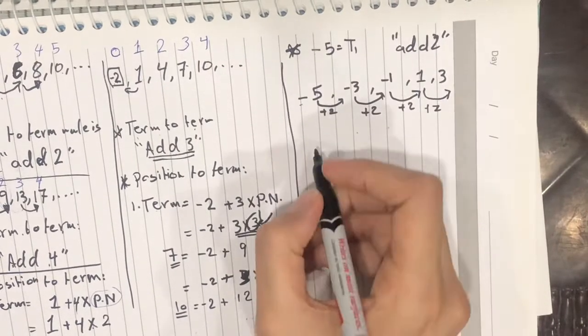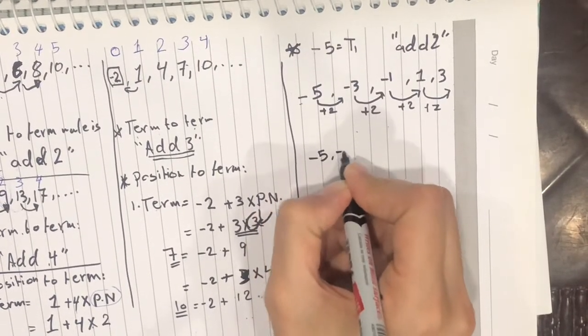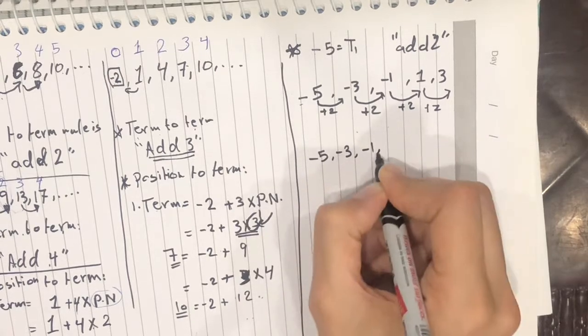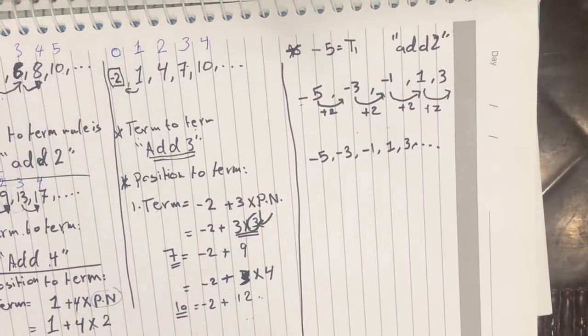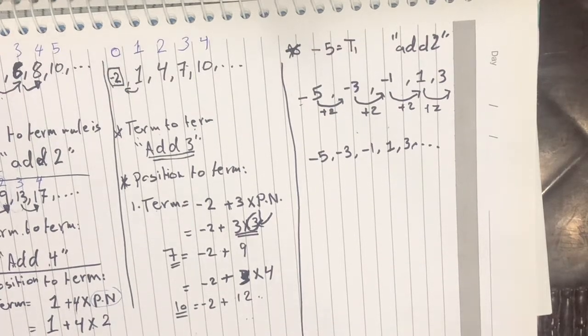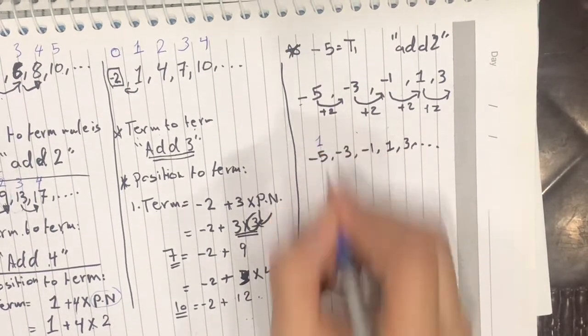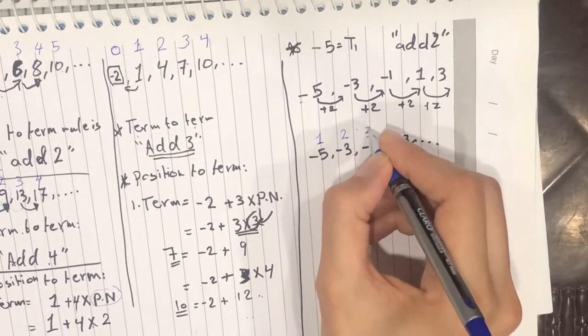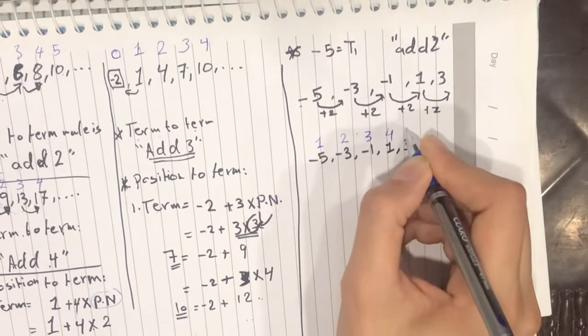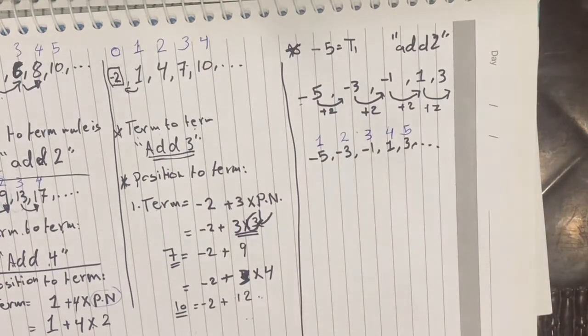So I read the sequence as -5, -3, -1, 1, 3, etc. The first term was -5. The second was -3. The third is -1. The fourth is 1. And the fifth is 3.